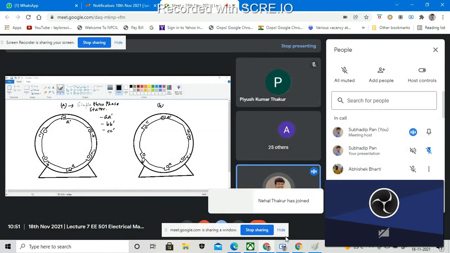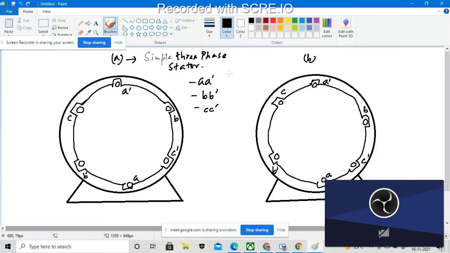Okay, so in this A dash coil, suppose the current in this particular coil we are considering is small i A dash at a particular instant of time. For this particular coil we are considering the current B dash at a particular time interval.